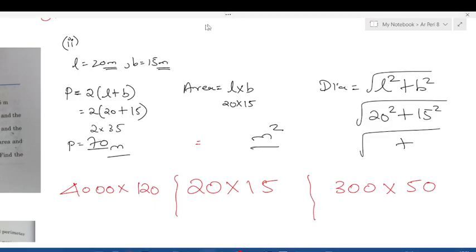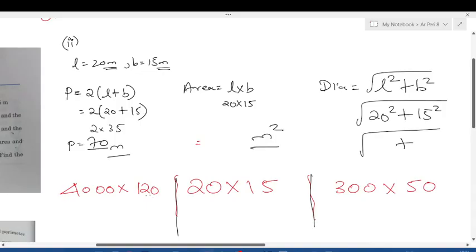Diagonal part I'll teach you all. Did you all complete till this area? Area is completed. Okay, stop writing, students. Look at the screen now. Diagonal I'll teach.